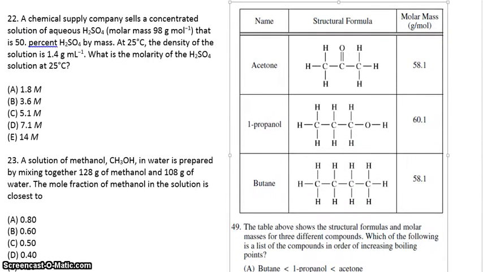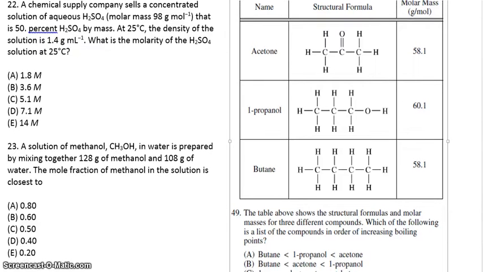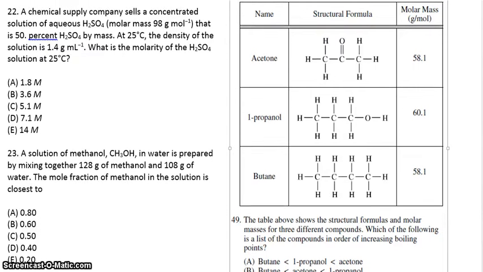Now it's rare that they'll ask about these type of calculations, but this is kind of a review of two things. Number 22 is a review of percent by mass, and 23 is a review of mole fraction.